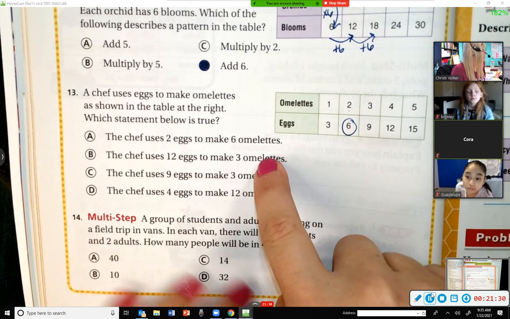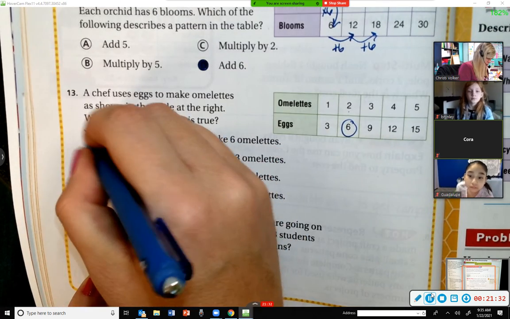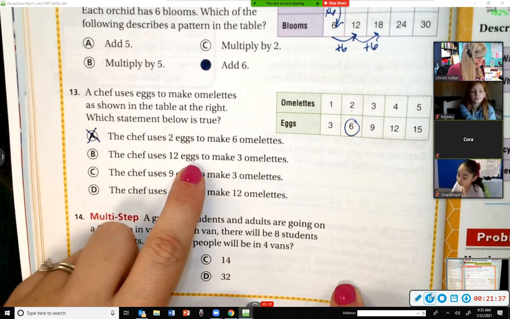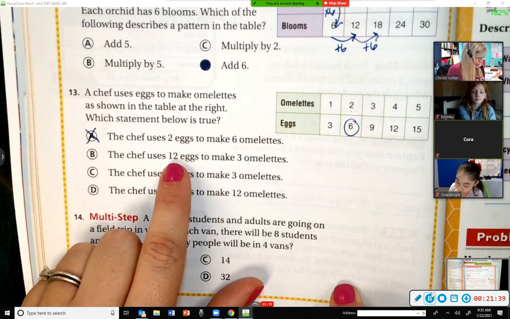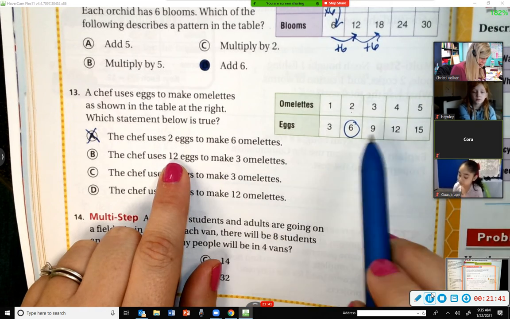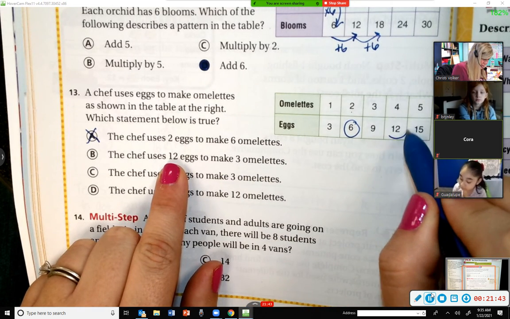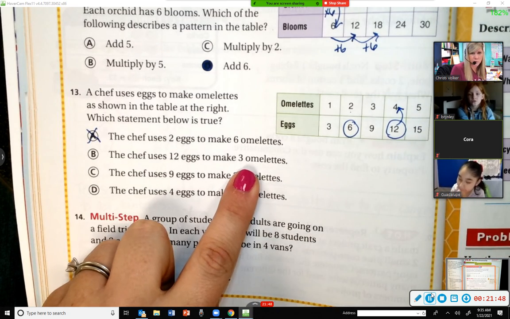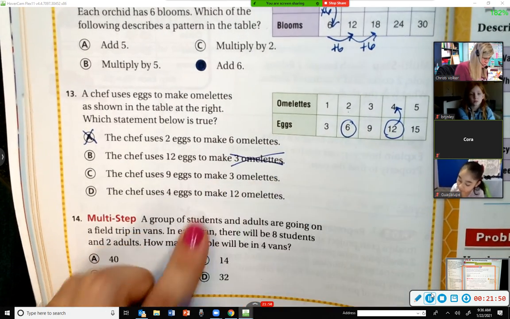So A was backwards, right? Yes. B says the chef uses 12 eggs to make 3 omelets. So let's go to 12 eggs. I see 12 eggs, but it's not 3 omelets, it's 4 omelets. So this part was wrong.